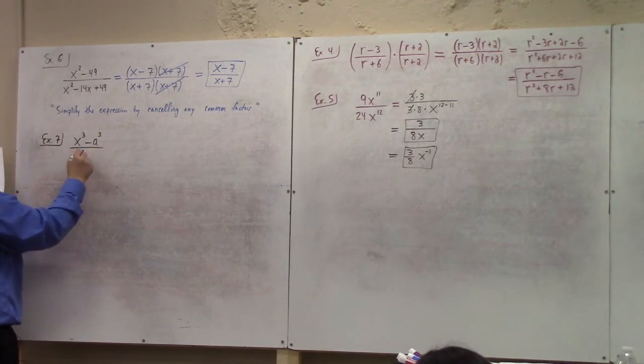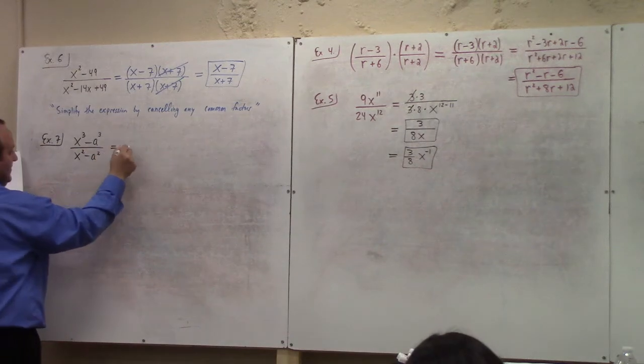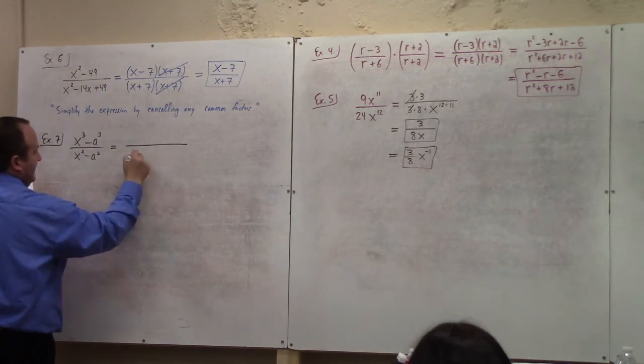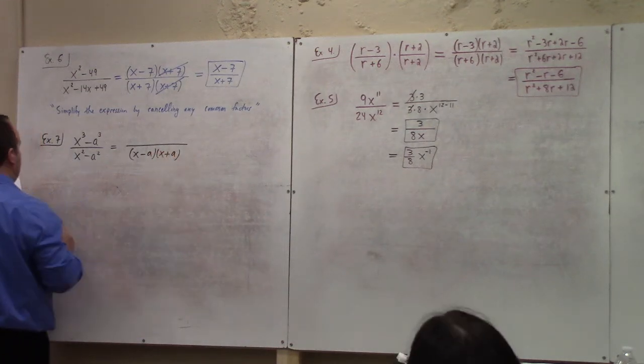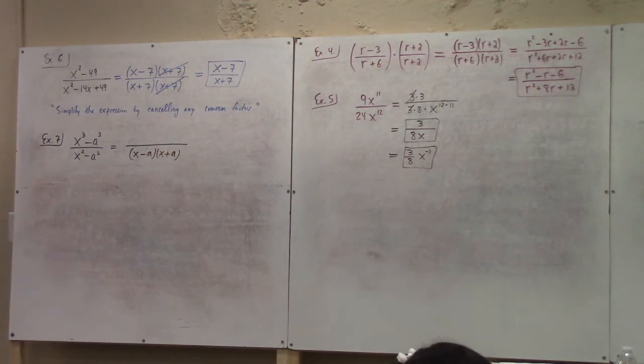I'll do the easy part. I'll do the denominator. Can you guys tell me what I should do for the numerator on this example 7?